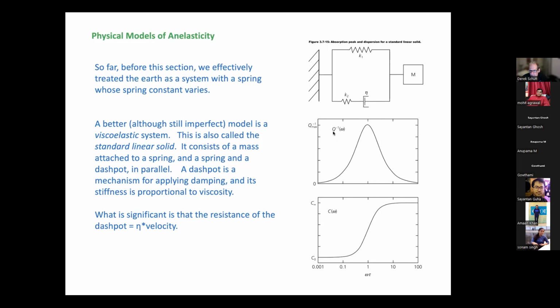So attenuation is 1 over Q at a frequency of omega tau, where tau is a constant based on these spring constants and this viscosity. What that further means is that the velocity that waves propagate through this system is going to be highest at high frequency and lowest at low frequency.